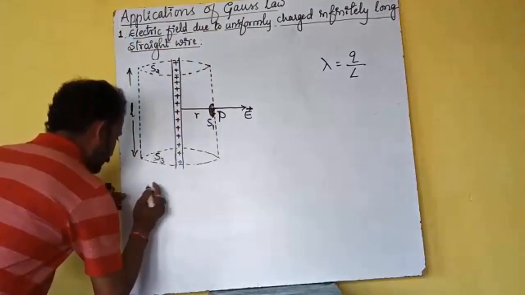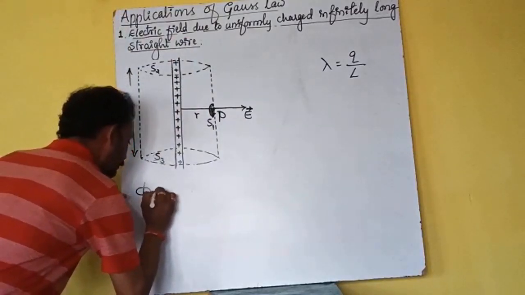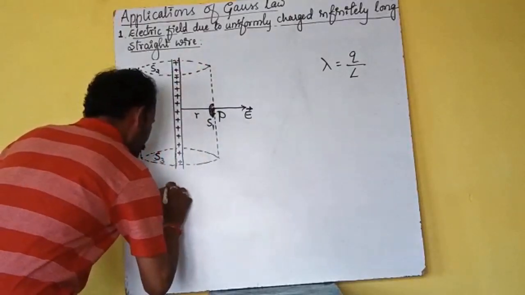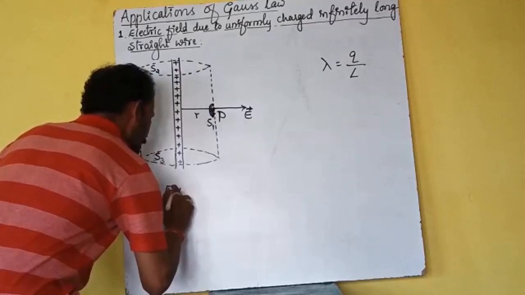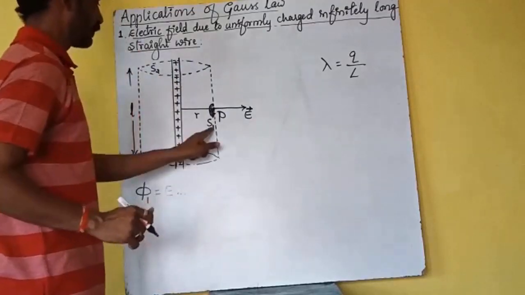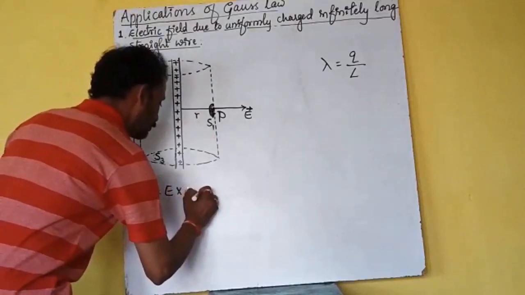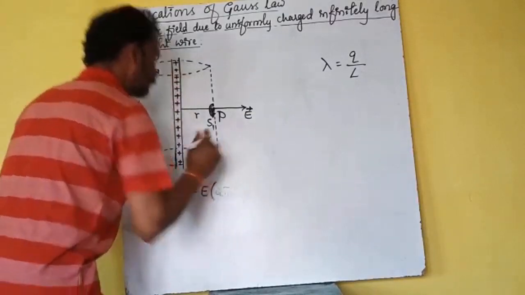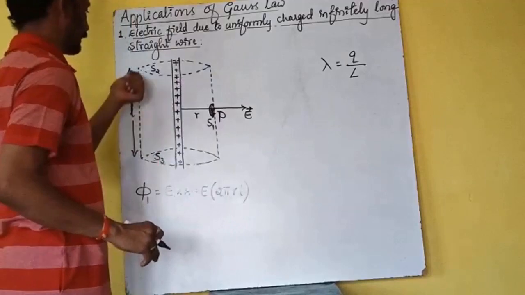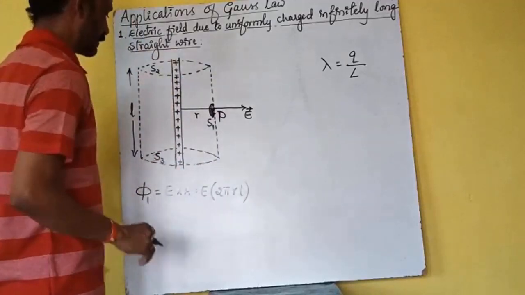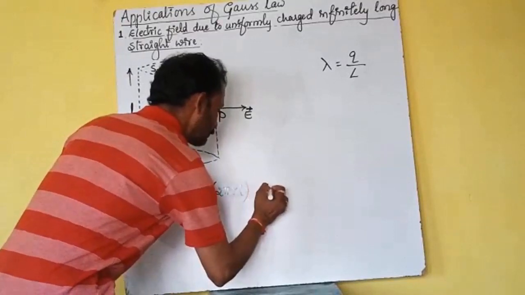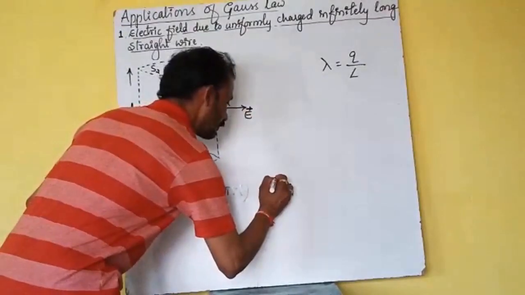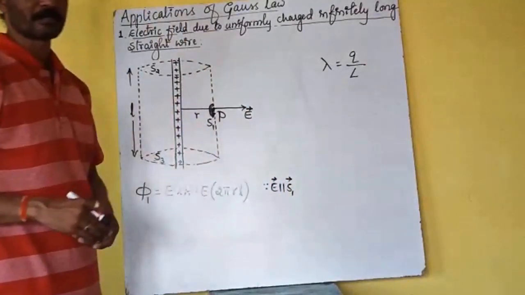Then phi 1 is equal to E into the area of surface S1, that is E into 2 pi r into L, where 2 pi r L is the area of the cylindrical Gaussian surface. This is because vector E is parallel to area vector S1.